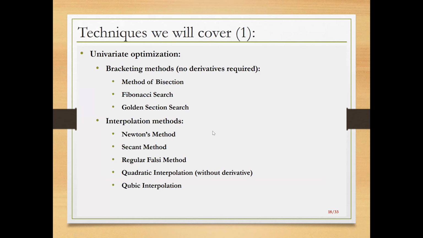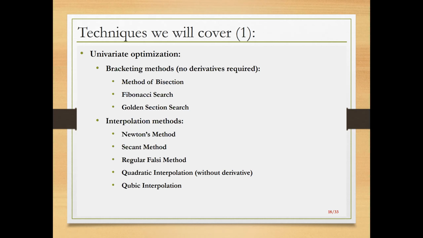Okay, here we are. So in this course, we are going to look at the basic optimization techniques. These are the techniques that you'll be familiar with by the end of this course. That means you will know what bracketing methods are, and bracketing methods are used for solving univariate optimization problems. That means you have only a single decision variable, or you have to find the optimal value of a single variable, and it doesn't require finding the derivative.